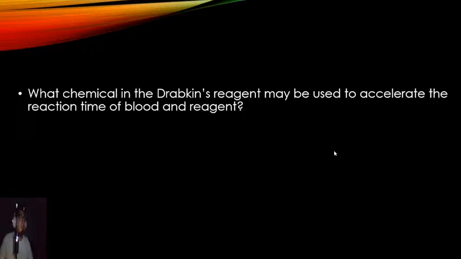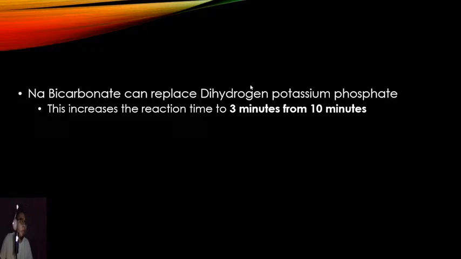We can use an accelerating reagent to increase the reaction time between the blood and the reagent that we use. Okay, so Drabkin's reagent uses dihydrogen potassium phosphate, and sodium bicarbonate can be used instead.